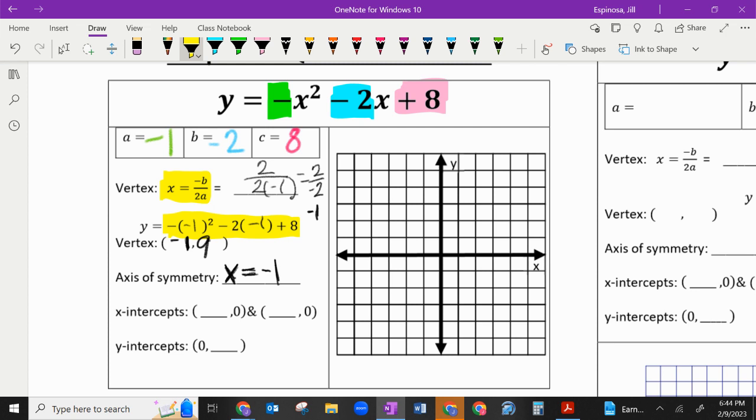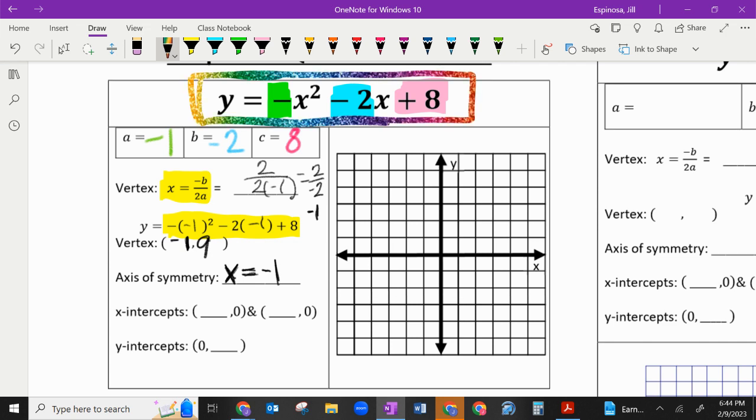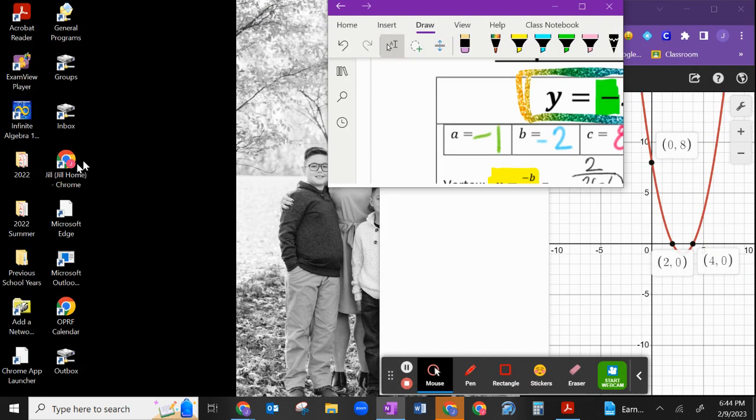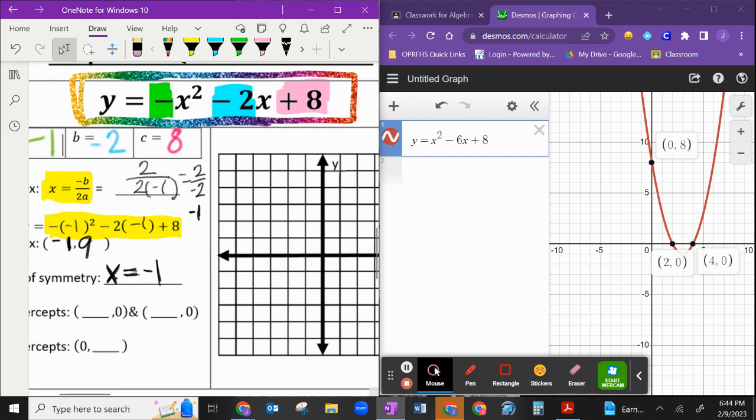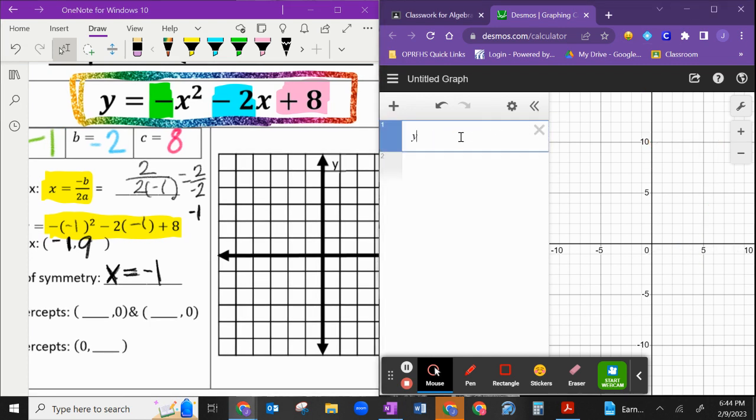I now want to take my original equation up here and put this into Desmos. So I'm going to do a split screen here for you. I'm going to X out my last one, and I'm going to put y equals negative x squared minus 2x plus 8.